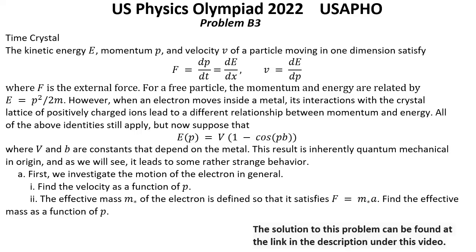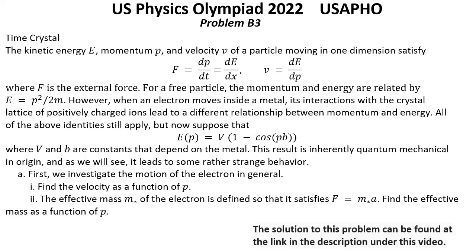All of the above identities still apply, but now suppose that energy as a function of P equals V multiplied by 1 minus cosine Pb, where V and B are constants that depend on the metal. This result is inherently quantum mechanical in origin, and as we will see, it leads to some rather strange behavior.